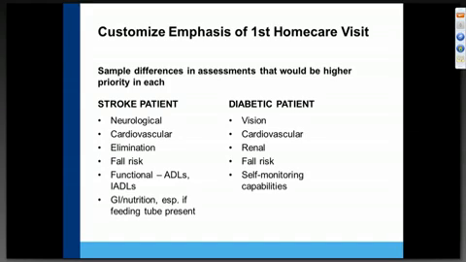Big focus on ADLs and instrumental activities of daily living for the patient with stroke, and nutrition as well. Whereas with a diabetic, we need to look at vision. For example, if they just came out of the hospital and they've had significant hyperglycemia, their vision can be adversely affected for a while. So that's going to be an important thing to assess, especially in relation to their self-care management, checking blood glucose levels, administering their insulin, etc.